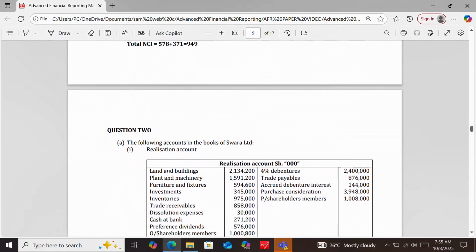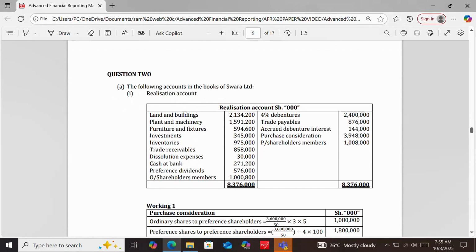Then question 2, we have the realization account. This is the ordinary shareholders members account. This is the preference shareholders members account.